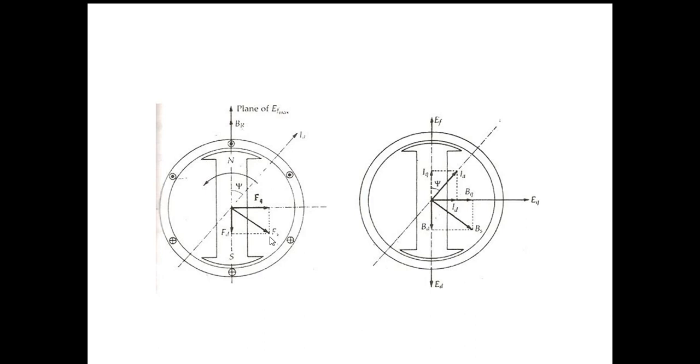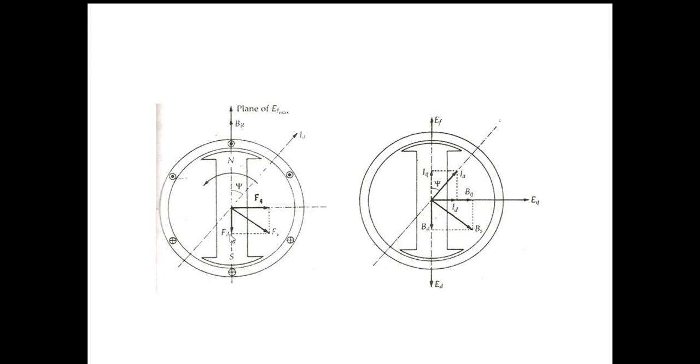So some voltage is provided, some current starts flowing through the machine, and due to that current, some flux is generated. That flux is nothing but your armature flux, which is denoted here. As denoted here, this is the plane of your EF maximum. So this stator armature MMF is resolved into two components.